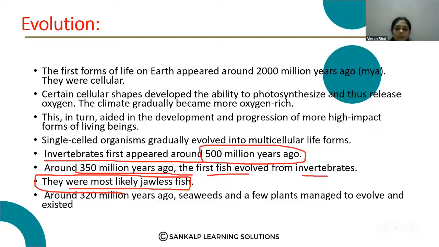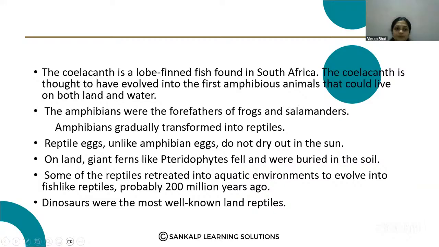Then, the coelacanth is a lobe-finned fish. Very important. The fish found in South Africa, the coelacanth, is thought to have evolved into the first amphibious animals that could live on both land and water.